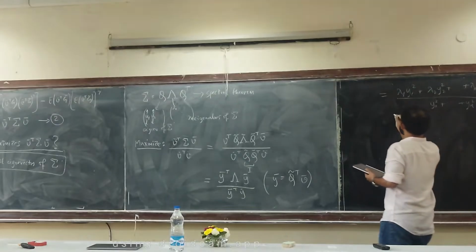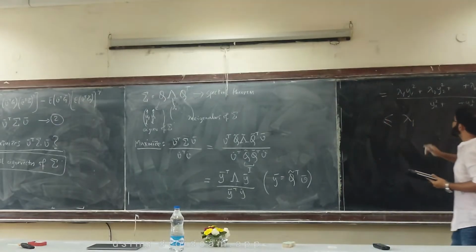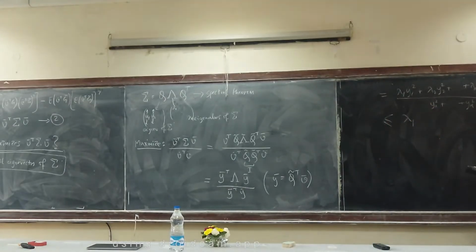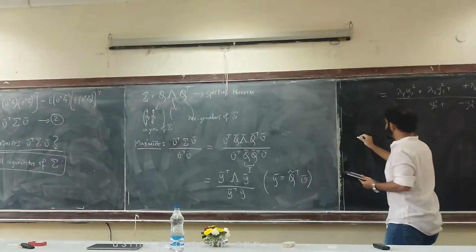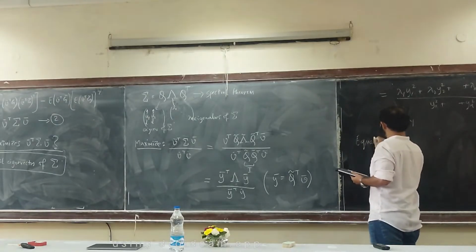Okay, and this is less than or equal to lambda 1. So here, lambda 1 is greater than lambda 2, and so on down to lambda d. I've ordered these eigenvalues from highest to lowest. So you can easily show in one step that this quantity will always be less than or equal to lambda 1, and the equality will happen.